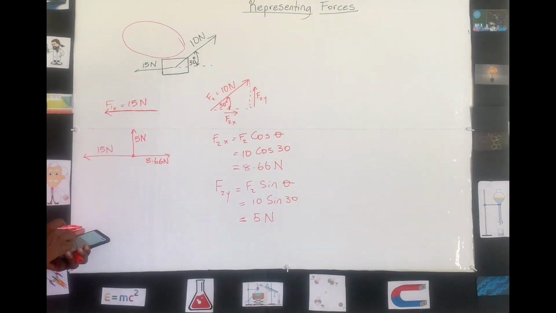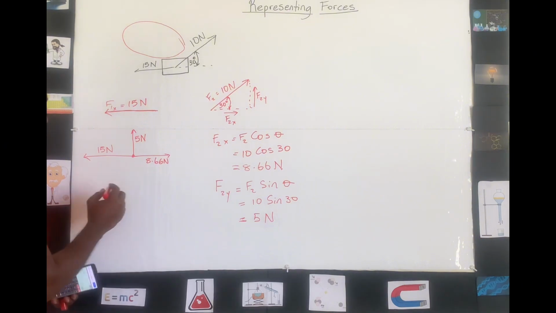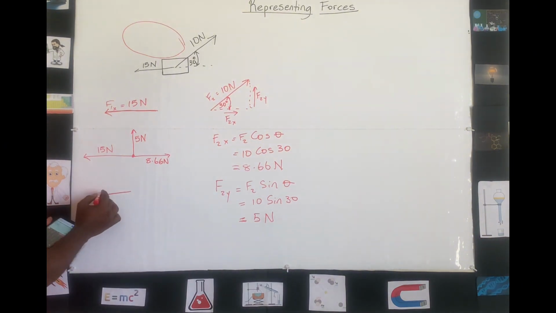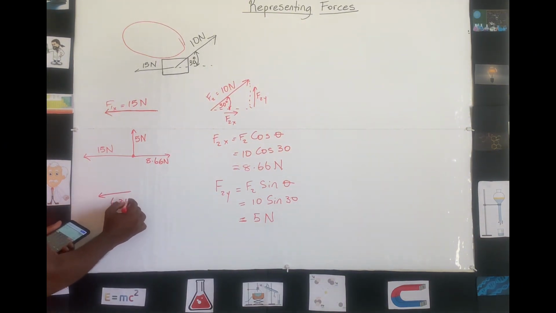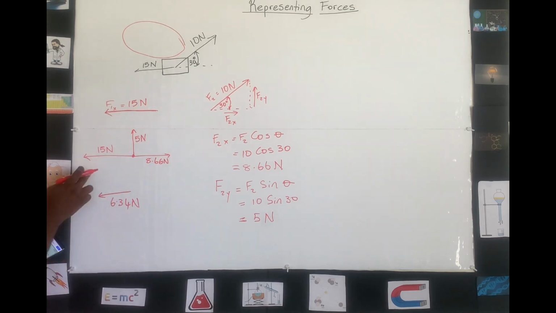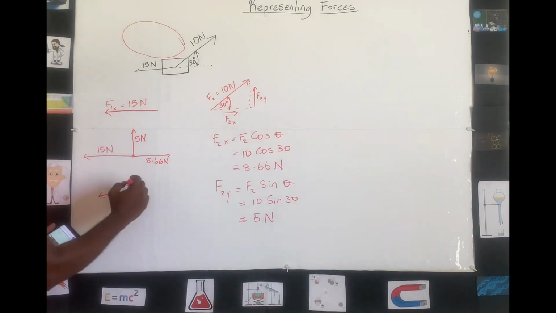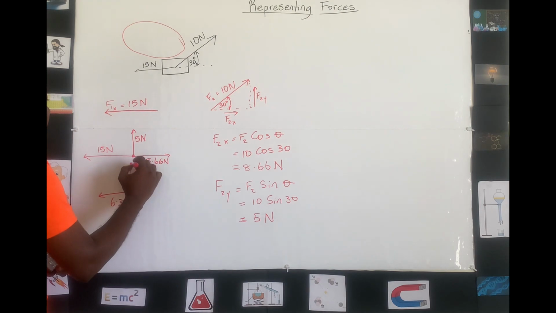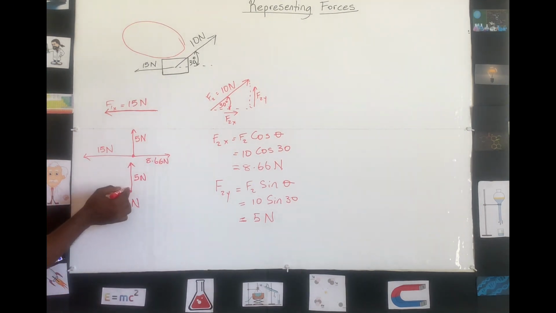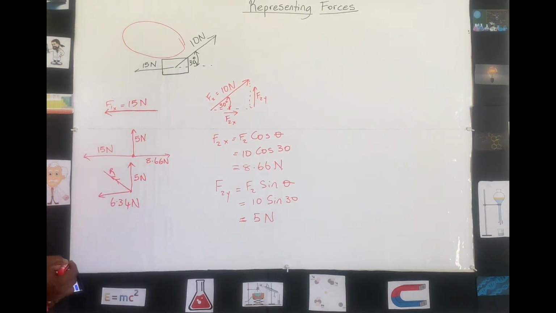So it's 15 minus 8.66, which gives us 6.34 newtons going this way, because it's in the larger force direction, and we still have just the y of 5 going up. So therefore we know that there is a resultant vector R in that direction.